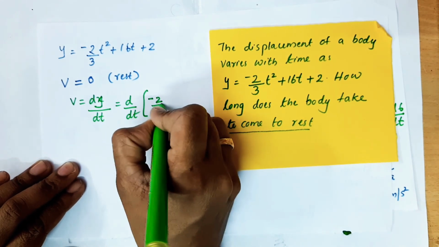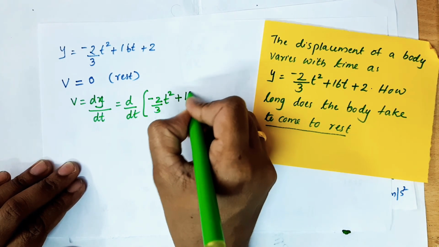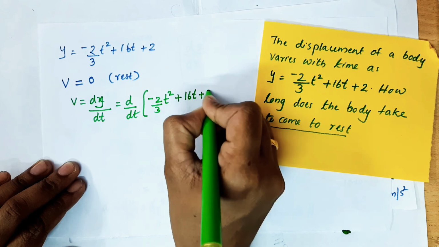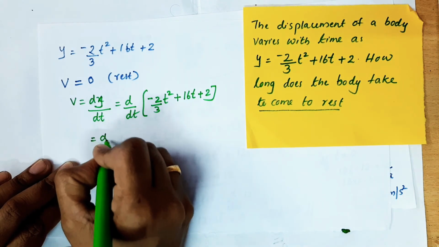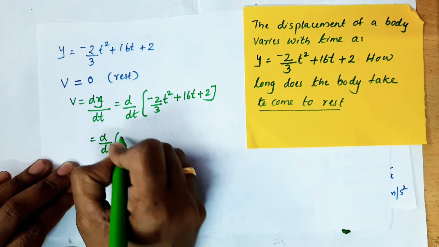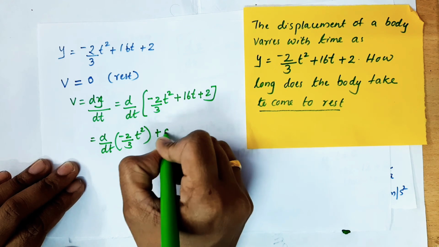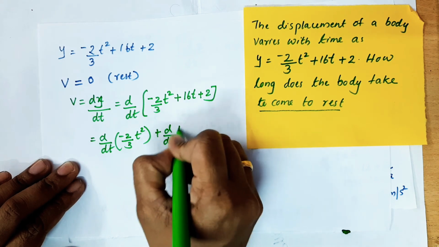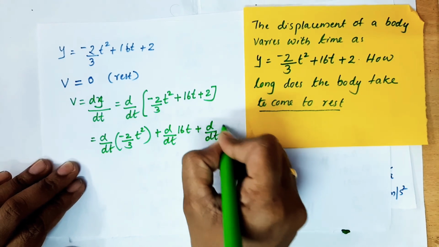minus 2 by 3t square. What is the y value they gave? You write it all: 16t plus 2. Now split the term: d by dt of minus 2 by 3t square plus d by dt of 16t plus d by dt of 2.